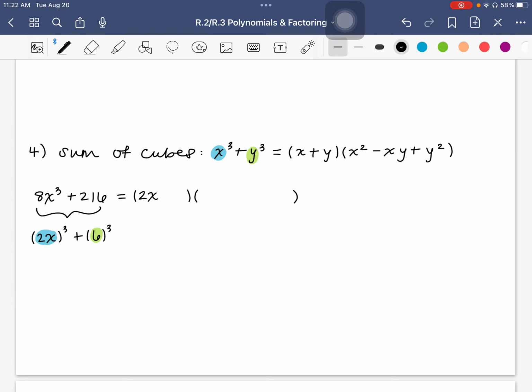So we have our 2x there. And then our y term is going to be 6 here. So we have 2x plus 6. And then, actually, before I do that, I did want to tell you guys about this mnemonic device for perfect square trinomials. And that is what's called SOAP.